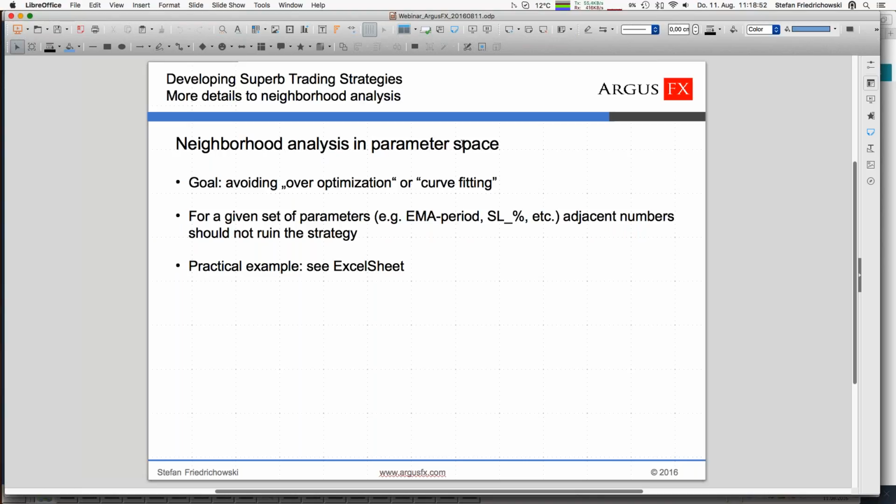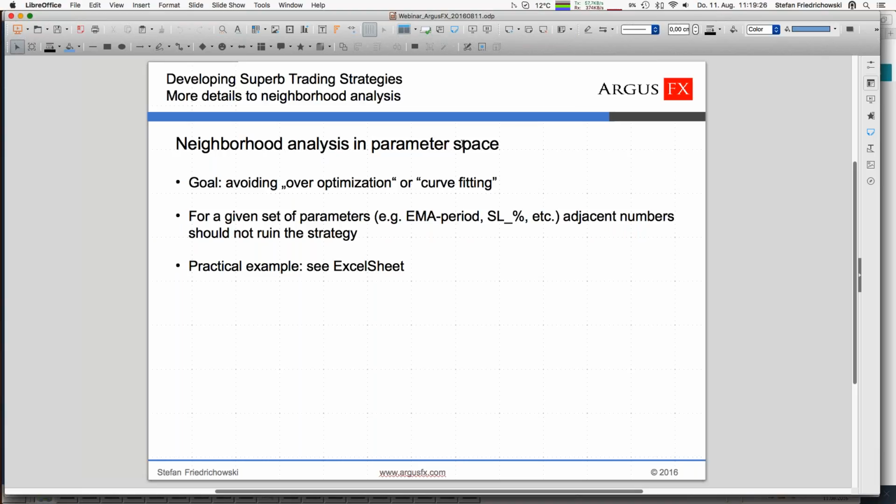And of course, the optimization process then is looking for those values which give us a minimum for our previously defined opti. But now we want to be sure. Sure does not guarantee you anything for the future, but at least we want to avoid over-optimization, or so-called curve fitting.